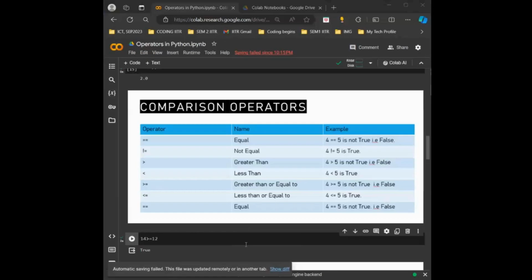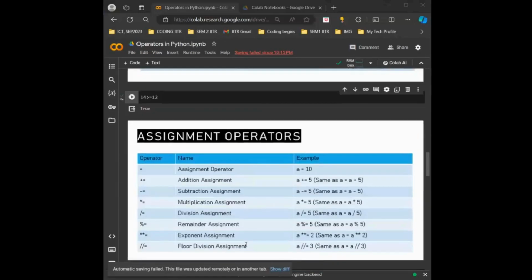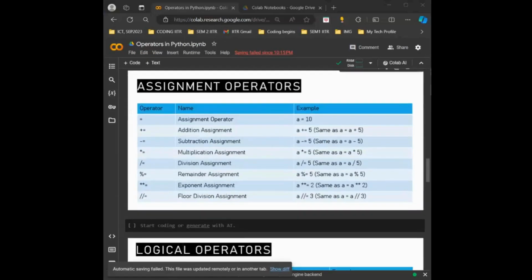Let's move forward. Coming to the next operator type, that is the assignment operator. Python assignment operators are used to assign values to variables. The single equal symbol is the most fundamental assignment operator. It assigns the value on the operator's right side to the variable on the operator's left side.